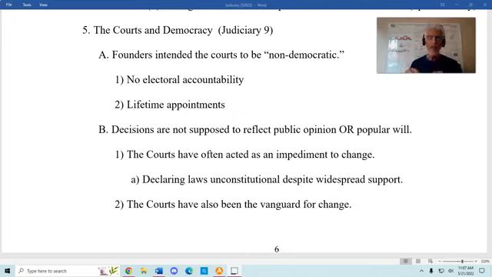And the same thing with the president. Now, back when the Constitution was originally adopted, the only group that we voted for directly were members of the House. Remember, the Senate was elected indirectly by state legislatures. The president was elected indirectly through these electors.